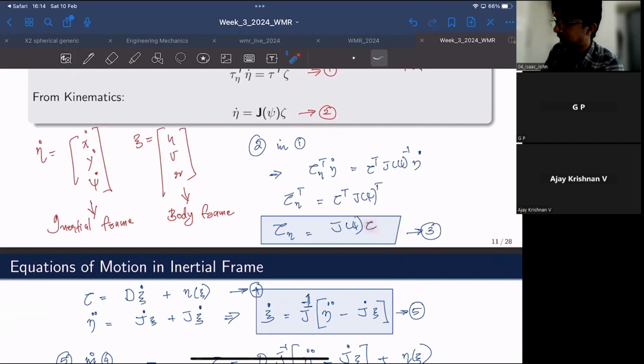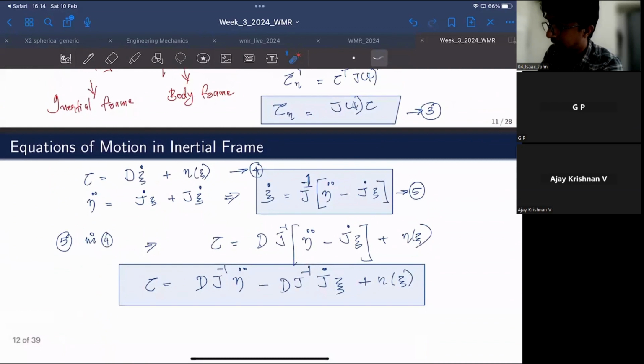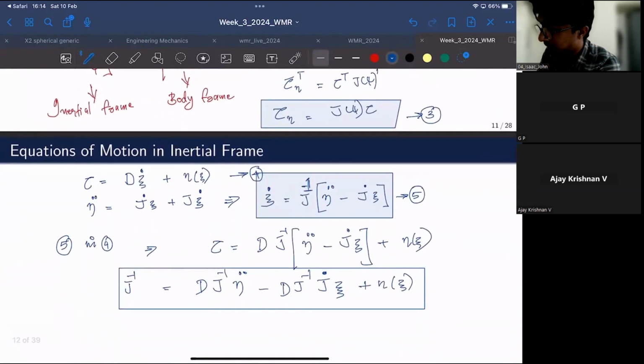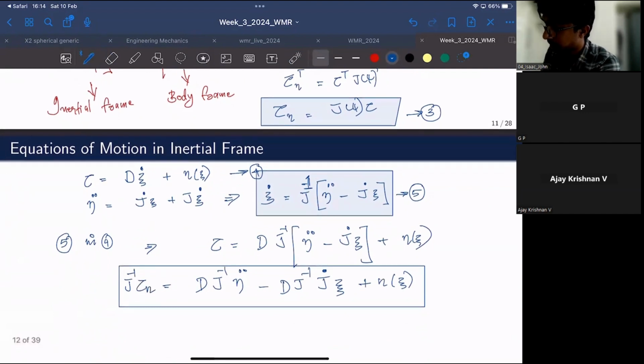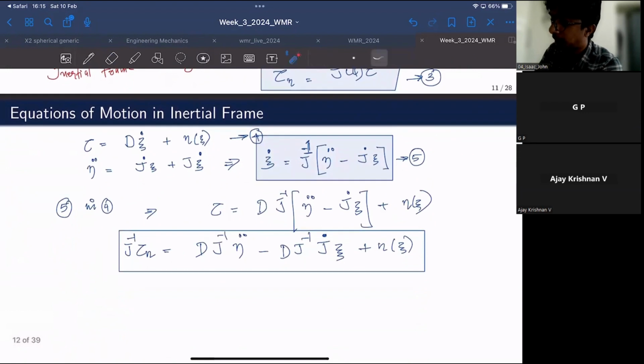I can write tau as J inverse tau eta, if I pre-multiply the inverse or transpose of this vector to this side. So what will be your tau eta?